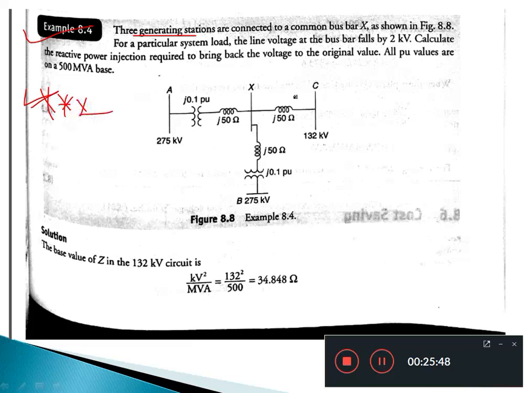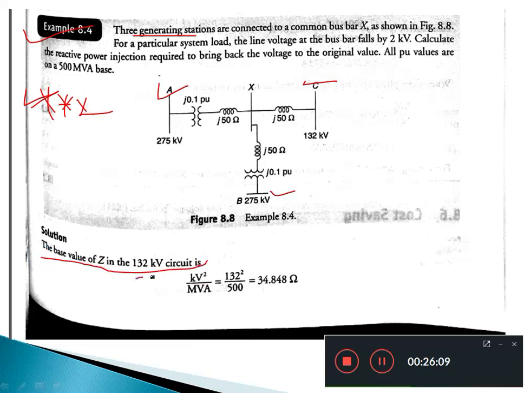There are three nodes: node A, node C, and node B. Each node or bus has a different voltage level: 275 kV for node A, 132 kV for node C, and 275 kV for node B. So the base value of Z is at 132 kV.